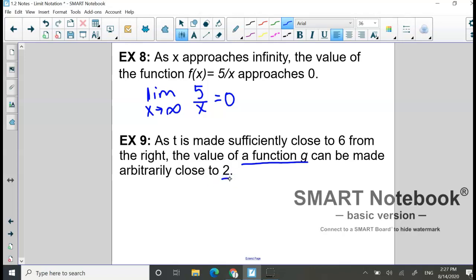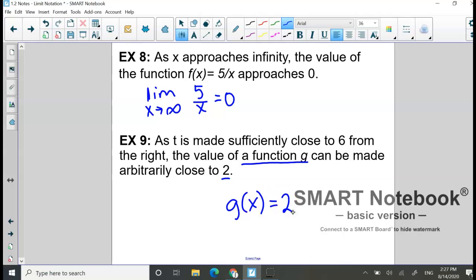So the function is going to approach the limit. The variable approaches a value as well. So a function g, that has to be your g of x over here. And it is approaching 2, so that has to be your answer, not what your variable is approaching.